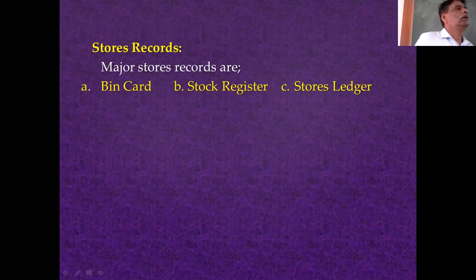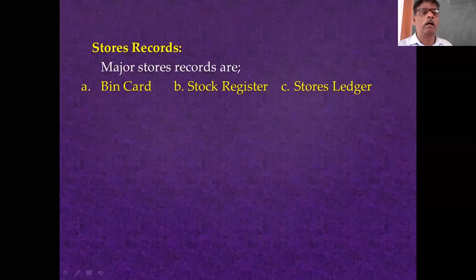In a store, there are separate racks for each type of material, and in the bin we keep one card with certain columns. That card gives the explanation regarding the material kept in that bin or cupboard. That is called the bin card, the first one.